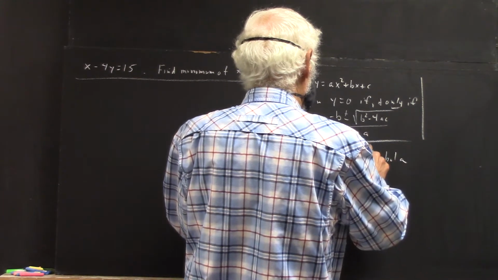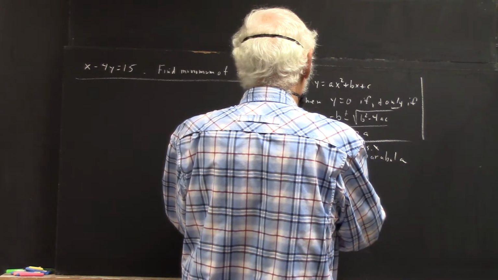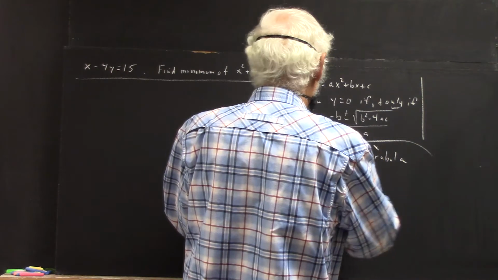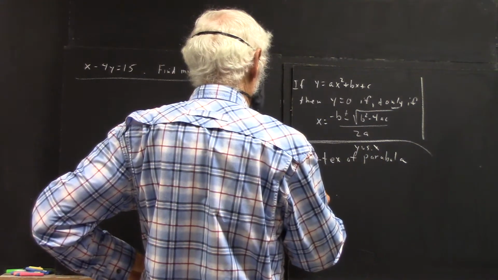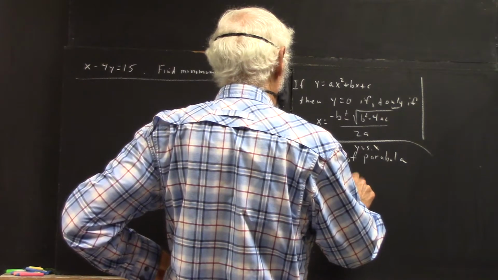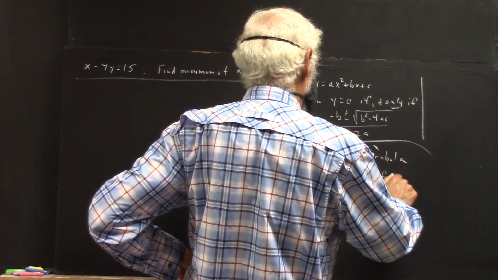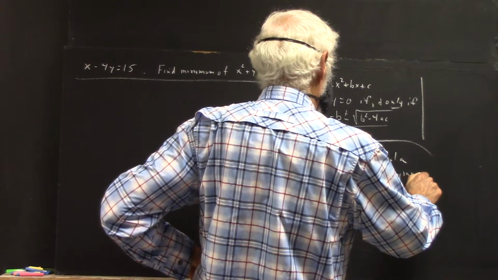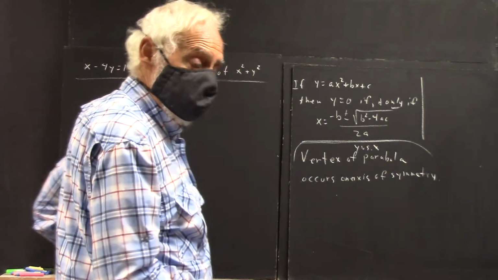The vertex of the y versus x parabola occurs on the axis of symmetry. And we have prominently done this in the videos and the classes.